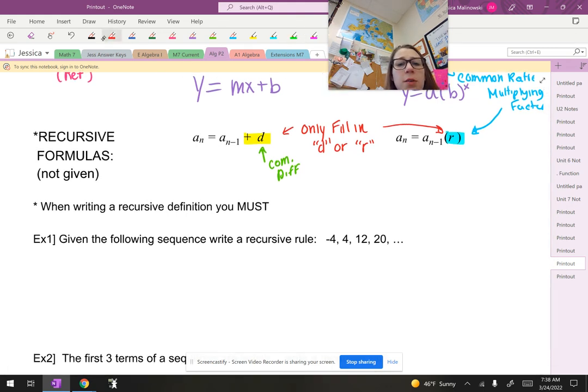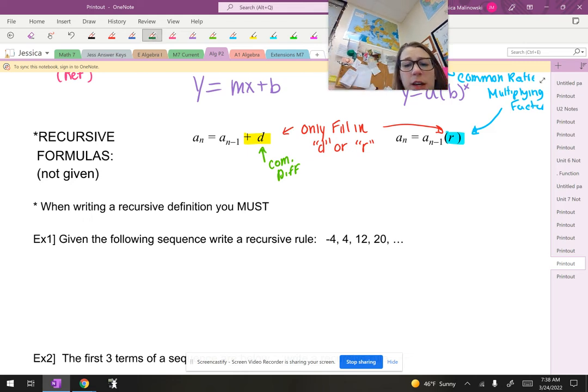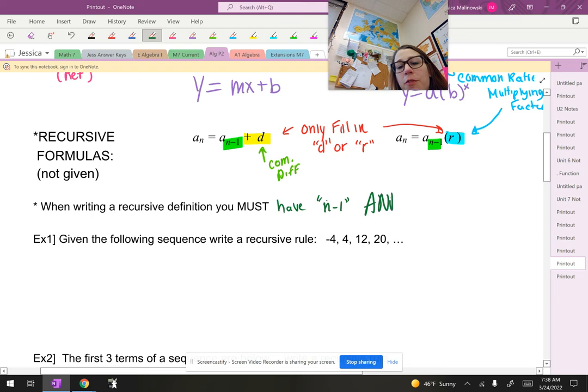Okay. Next, when given a recursive definition, you have to have two things there. You must have that n minus 1. You've got to have that n minus 1. And everyone loves to forget this one. You need to tell us what the first or a starting term is.